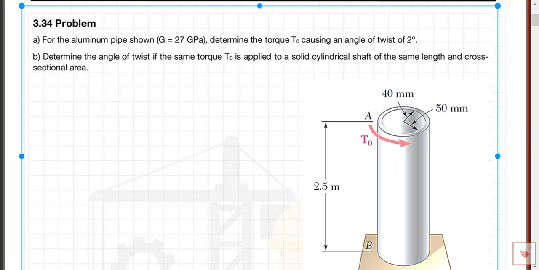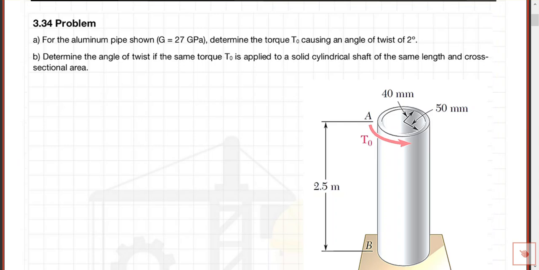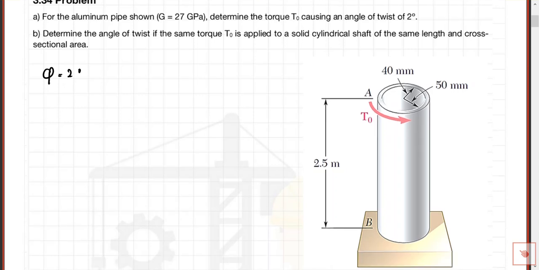Determine the torque T causing an angle of twist of 2 degrees. It says the angle of twist phi is equal to 2 degrees. First, what is required? We need to calculate T, meaning the load is unknown. So it's a design problem.